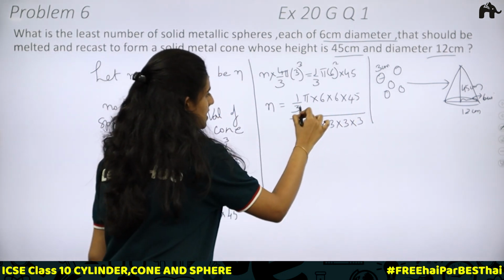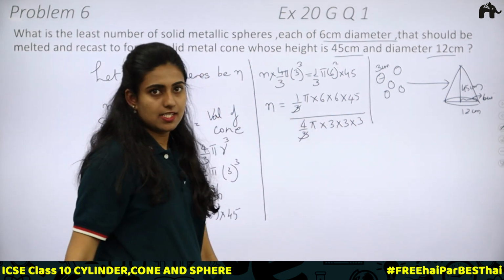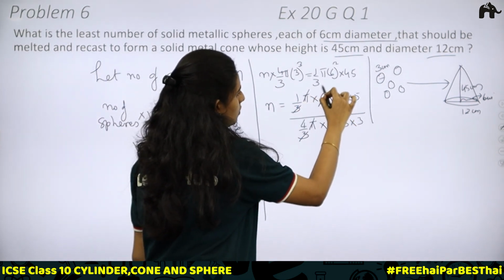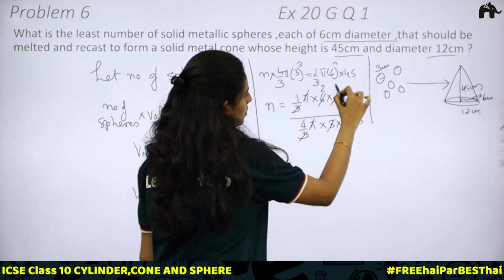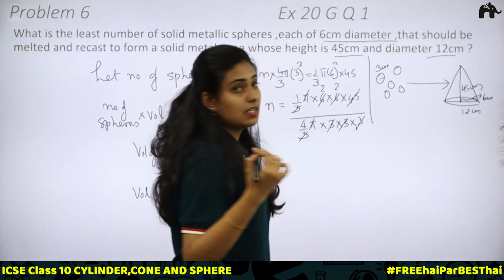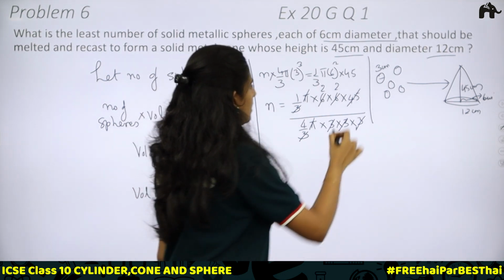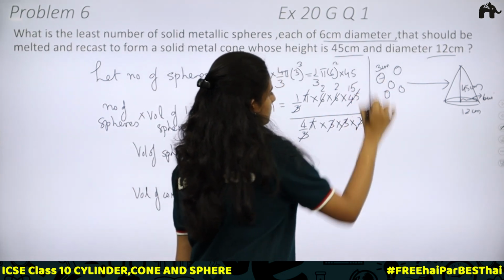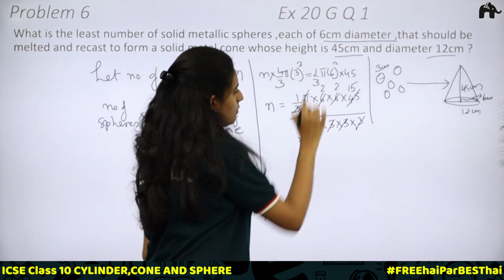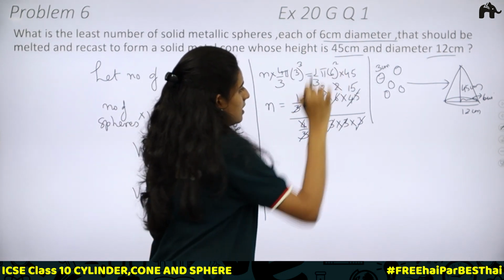Okay. So the denominator 3's can be cancelled. Pi can be removed. 3 into 2 is 6. Again 3 into 2 is 6. Then 3 and 45 can be cancelled. You will be getting 15. Here we have a 4. Here we have 2 into 2, 4, and this can be cancelled.